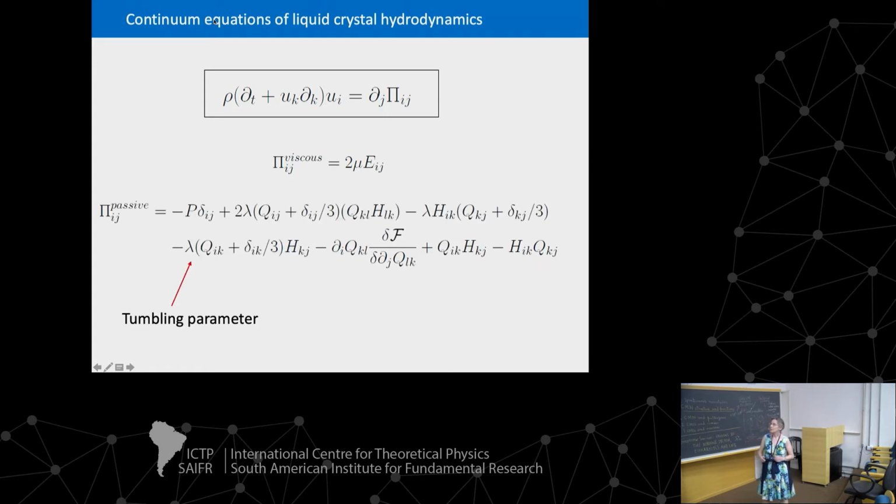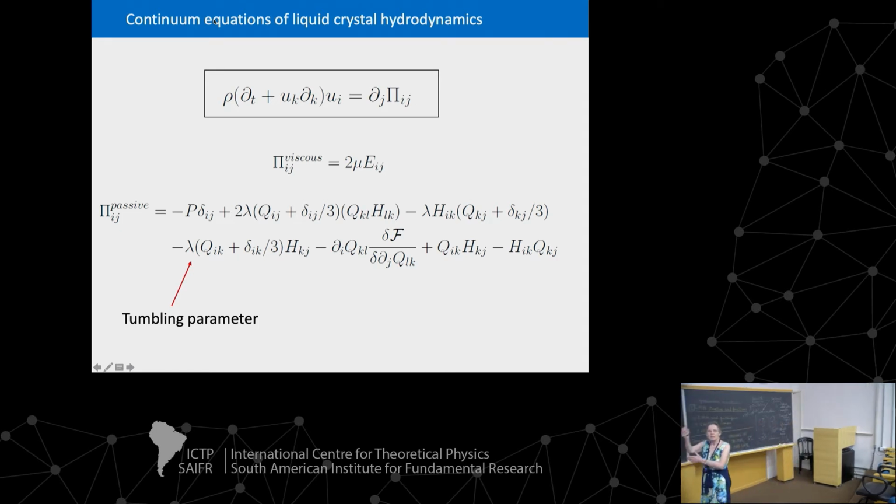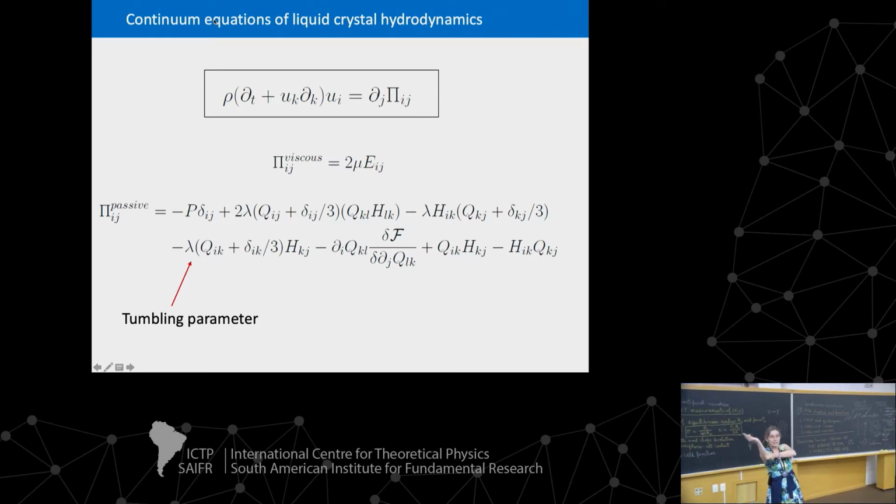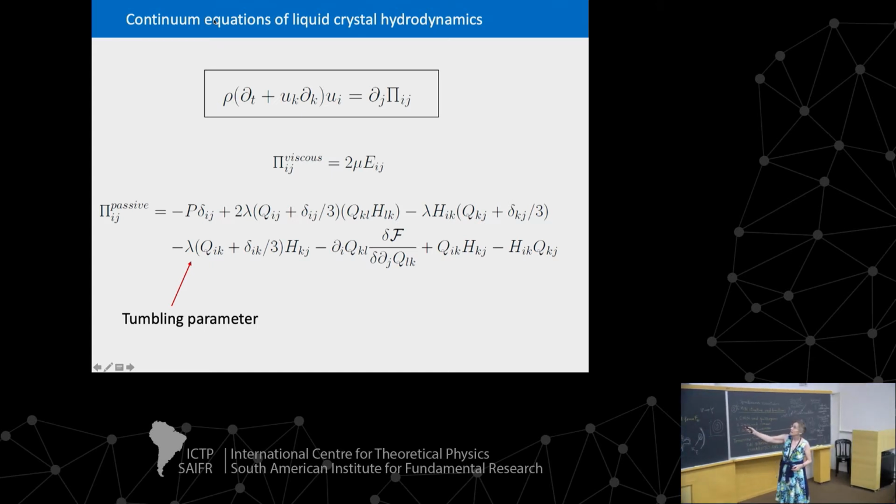The extra thing you have in here is the most horrible thing, which people understand, but it's pretty horrible, right? It's got this molecular field, dF by dQ, and these Q's in. But physically, what it's doing is just that if I have a molecule and it decides to move like this and turn, it's going to induce flows. It's going to make the system flow. And that's putting that in. And you add it in the stress. Okay, the stress here comes under a derivative.